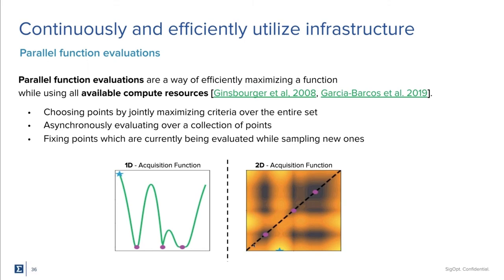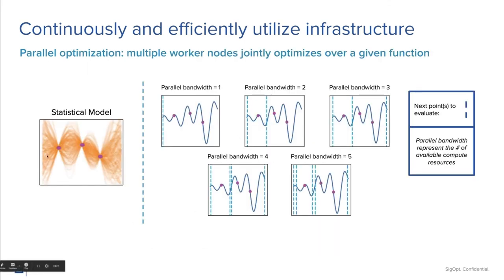And what this may do is take a problem like this, where we have 3 data points, we have a relatively noisy statistical model here, and we may want to sample the far left side if we can only sample 1 point.